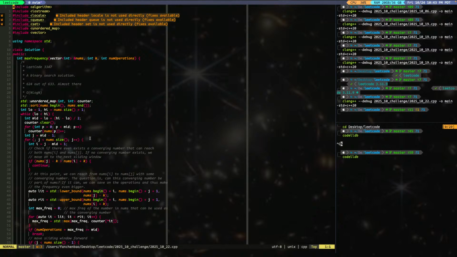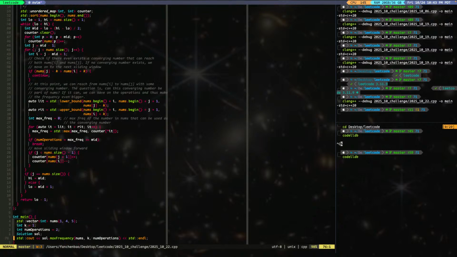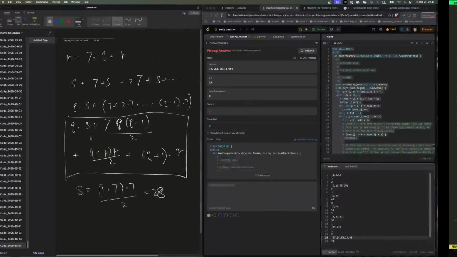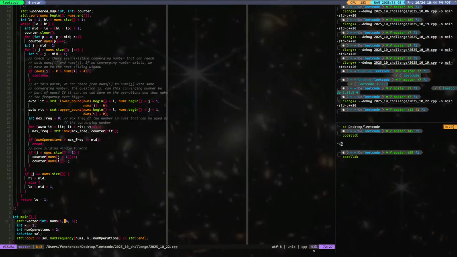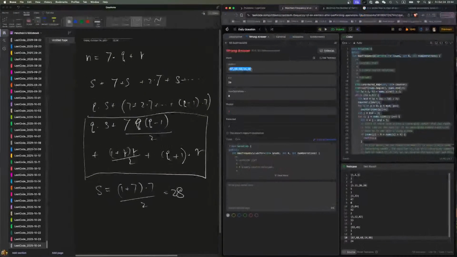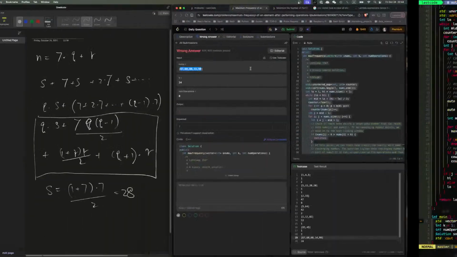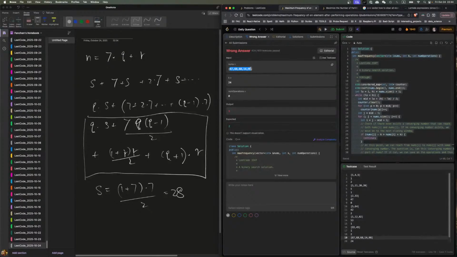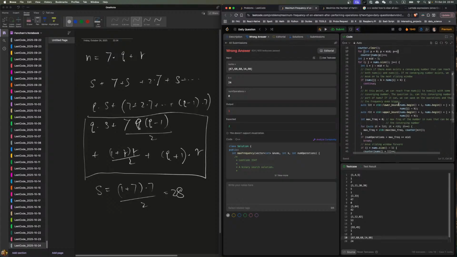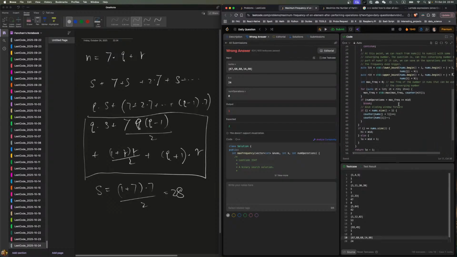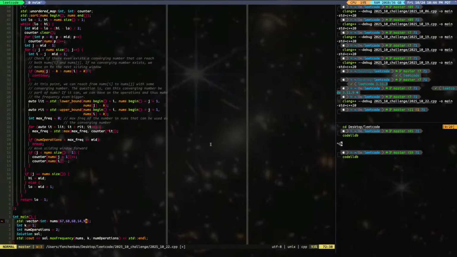Alright, almost there, but we need to debug this. Okay, so nums is this thing. K is 24. Oh, num operation is 0. Huh. Num operation is 0. Ooh, interesting. Hold a second.